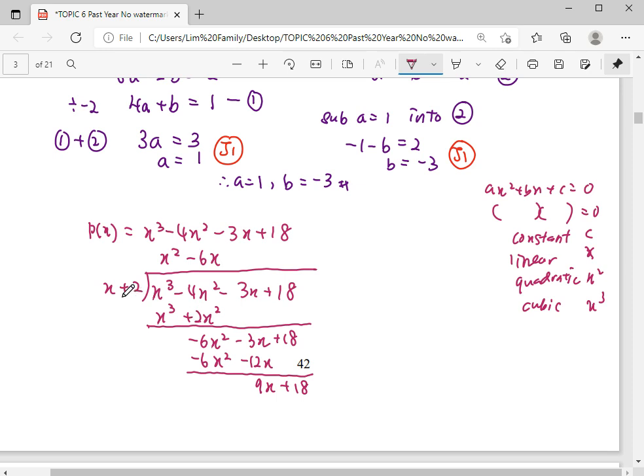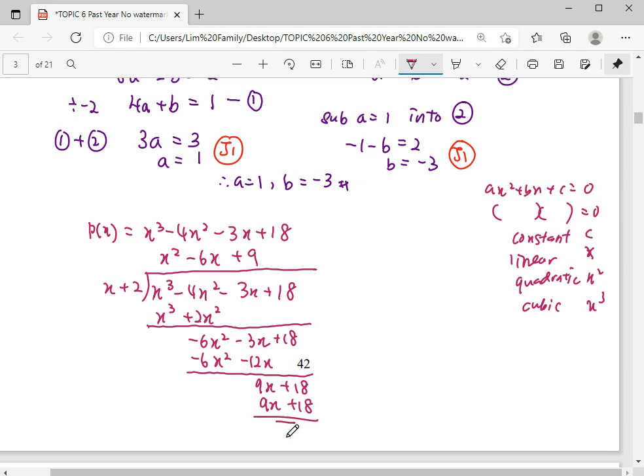Then continue, we can see it has now become linear. Linear versus linear can still be divided, so we still have to go on with the division. This long division hasn't finished yet. So what's the multiplier I need here? I need a 9. So 9 times x, we get 9x. 9 times 2, we get 18. So it's finished.